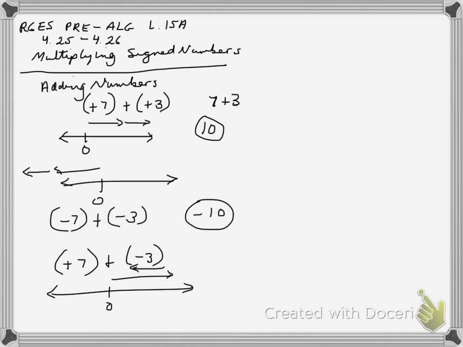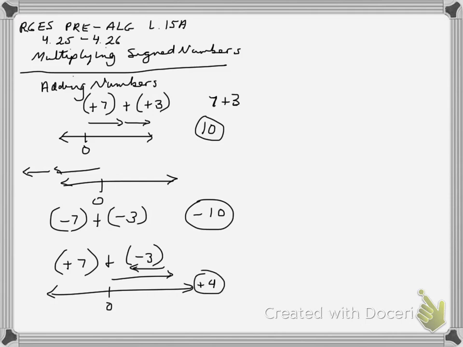And so we need to take the difference between 7 and 3 because we're first going in one direction and then in the other. So it would be a 4, and our question is, do we need a positive 4 or a negative 4? Well, we went first in the positive direction, and when we went back, we went less than we had gone forward, or we went to the left less than we had gone to the right. And so it's going to be a positive 4.